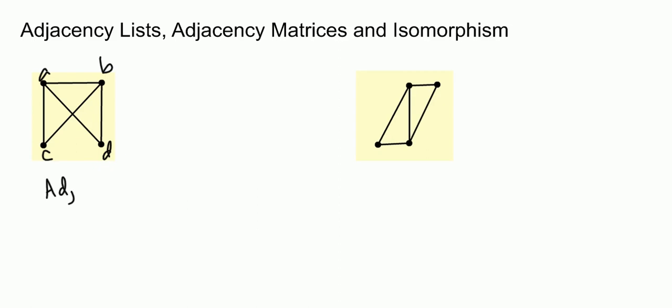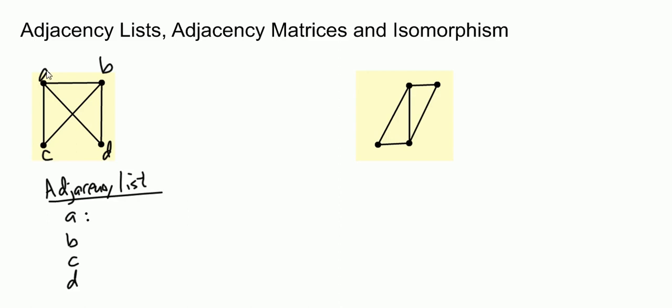The representation and labeling is not unique. And then if we want to make an adjacency list, we're going to list each vertex, and then we're going to list what we're adjacent to.